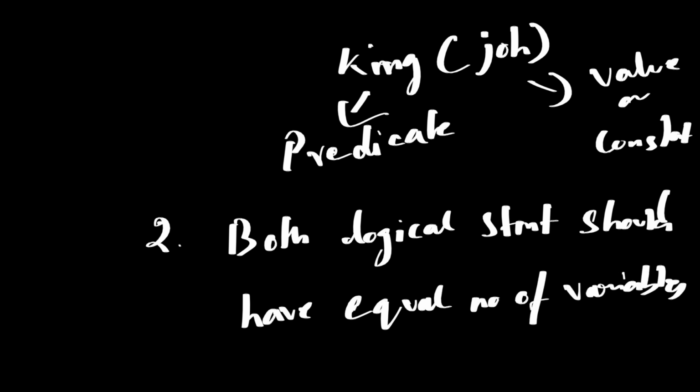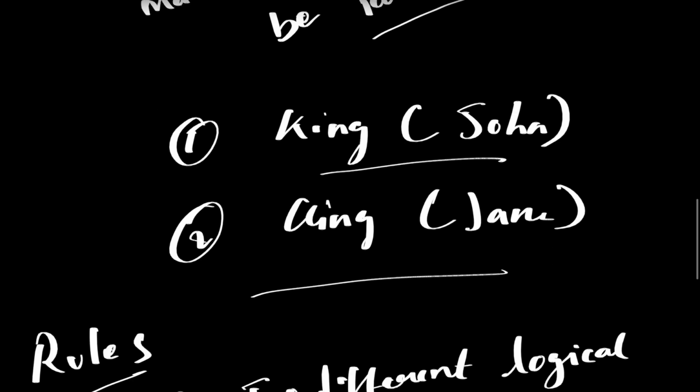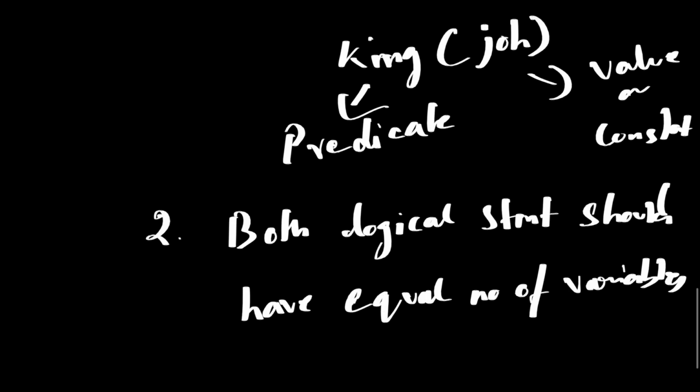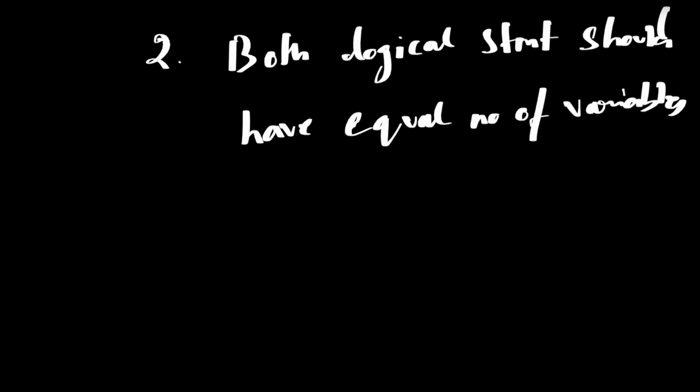Here in this example, we have a predicate, King, and constants or values John and Jane, but for the number of variables in the logical statement, here we have one and here we have one. So both have the same number of variables, so we can apply the unification process here. Always check the number of variables in each logical statement. Only if it matches can we go for it.